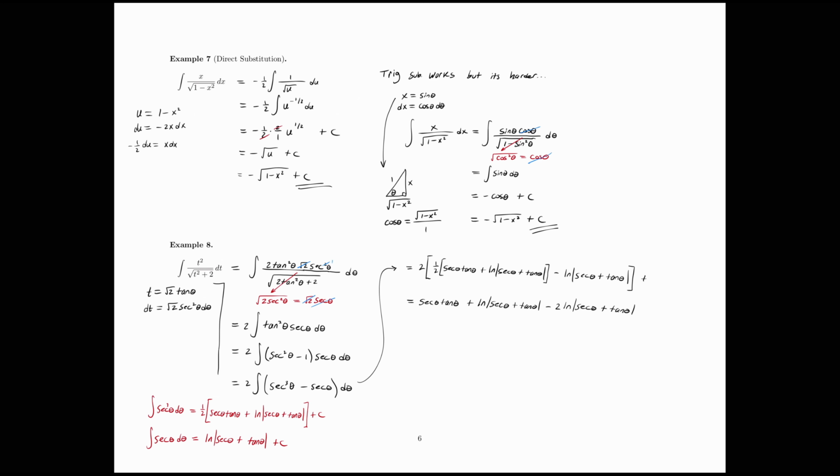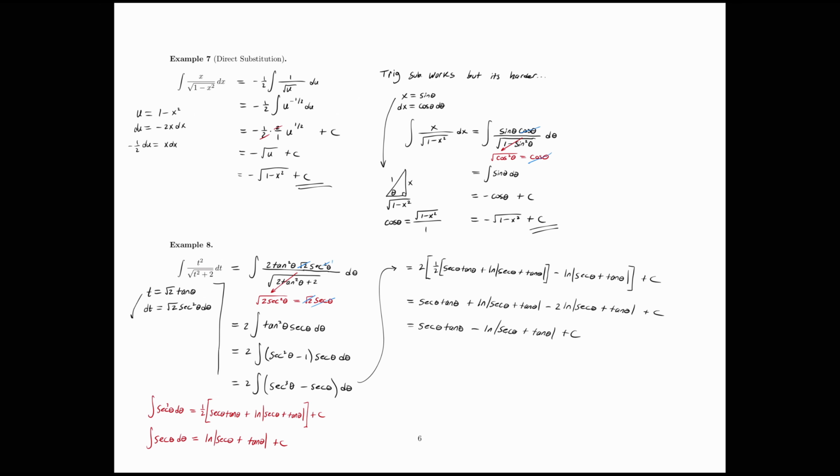And I should have a plus c there and there. Okay, so then we've got some like terms. So this is secant theta tangent theta minus natural log absolute value of secant theta plus tangent theta plus c. All right, we want to use our triangle. So over here, we can draw a triangle.